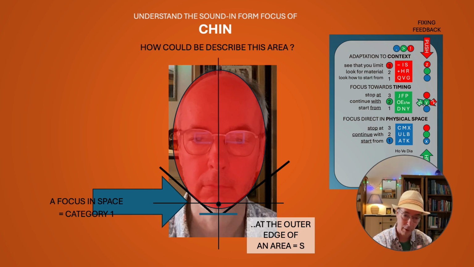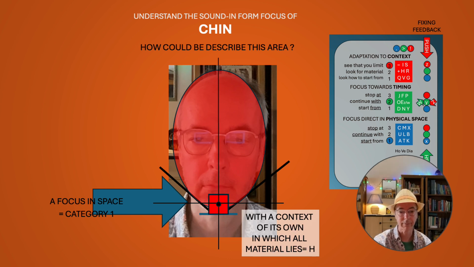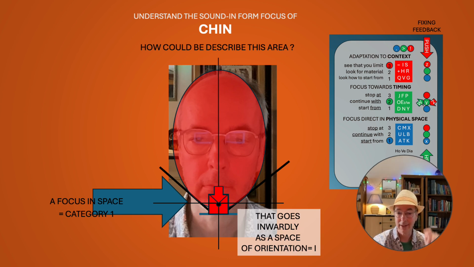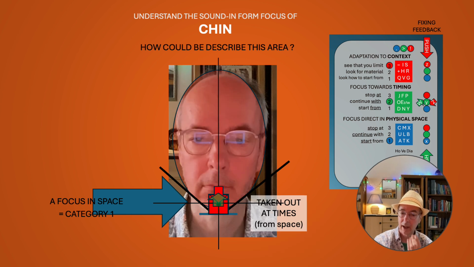After the point, it also says it's a point at a certain edge. And then with the H, it says it still has a confined area of its own in which all the material lies that I need. So that's the H. The E goes inwardly, a little bit more inwardly. So that's also correct. And then the N.